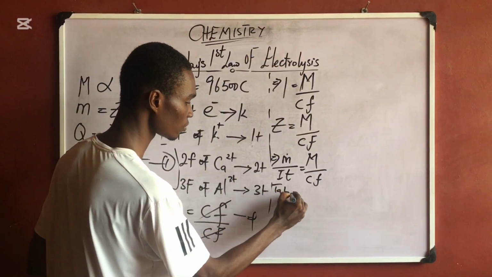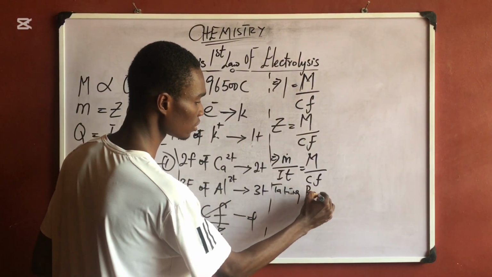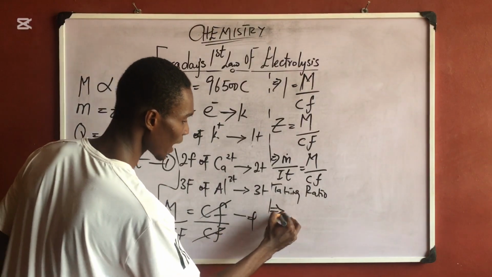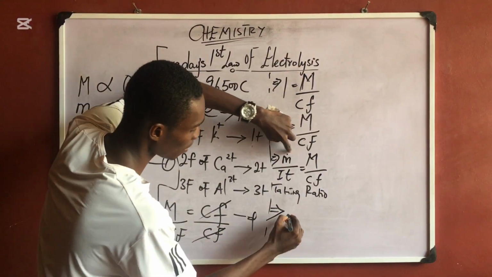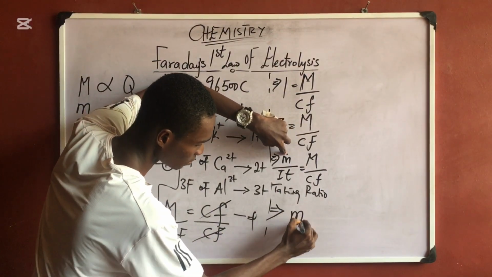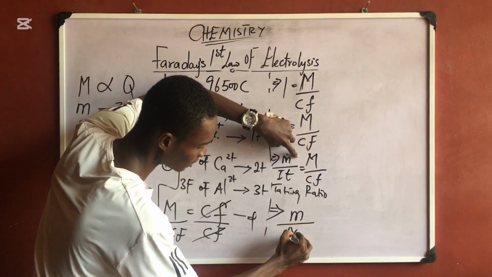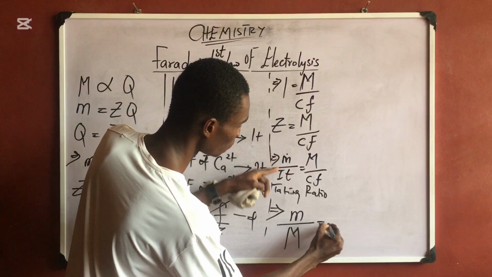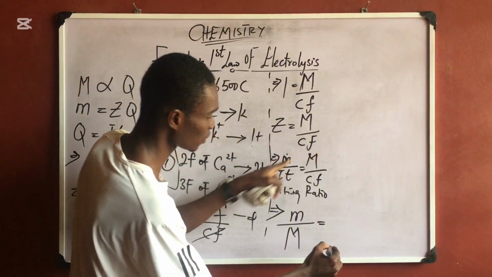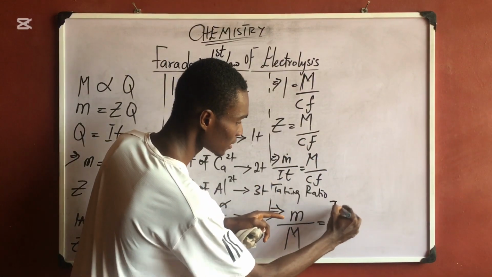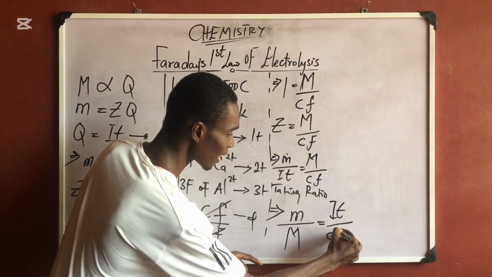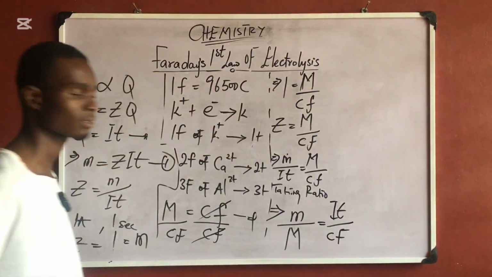And when we have this, I can decide to take ratios. Taking ratios, this will imply mass over molar mass of the substance deposited is equal to, this one will go to the other side, this one will come down, current times time over valence charge times Faraday constant.